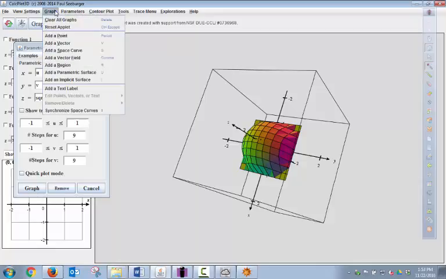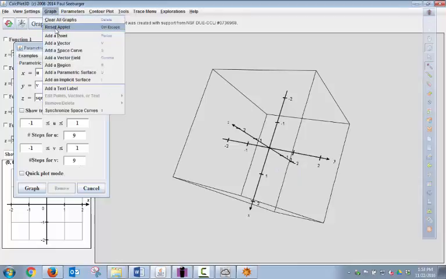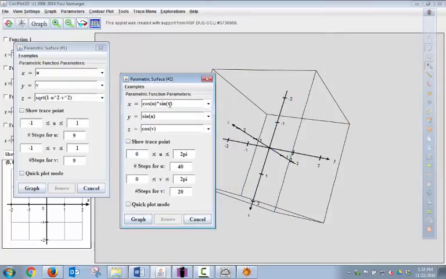Now let me parameterize this a different way. And let's see if you guys are familiar with this parameterization: cosine u sine v, sine u sine v.